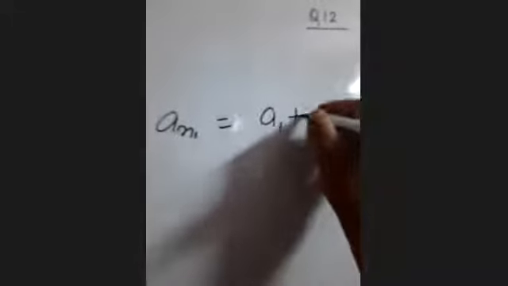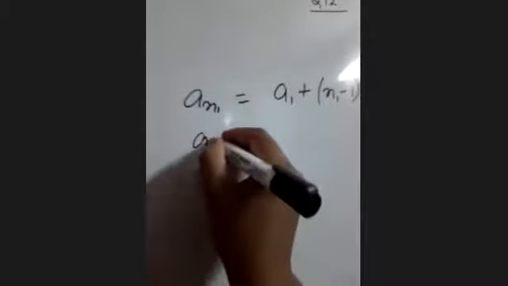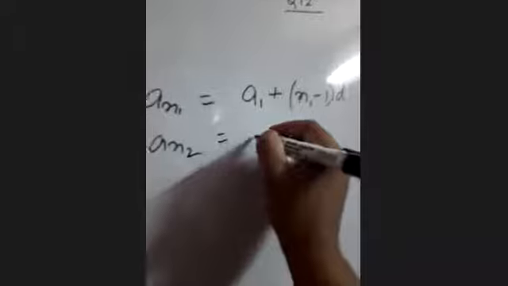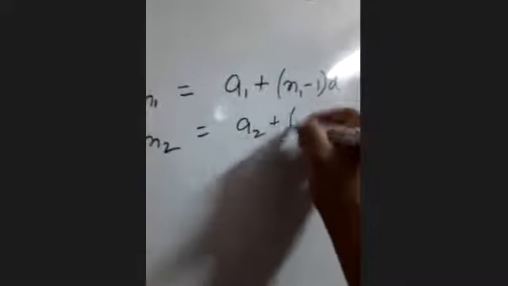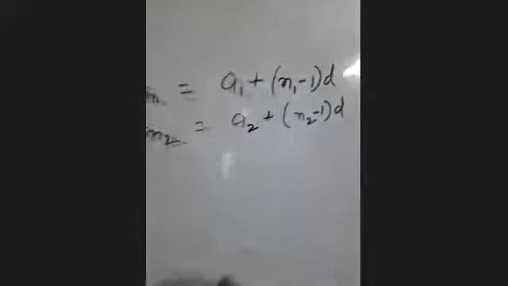So the same identity: an1 equals a1 plus (n1 minus 1) into d, and an2 equals a2 plus (n2 minus 1) into d.